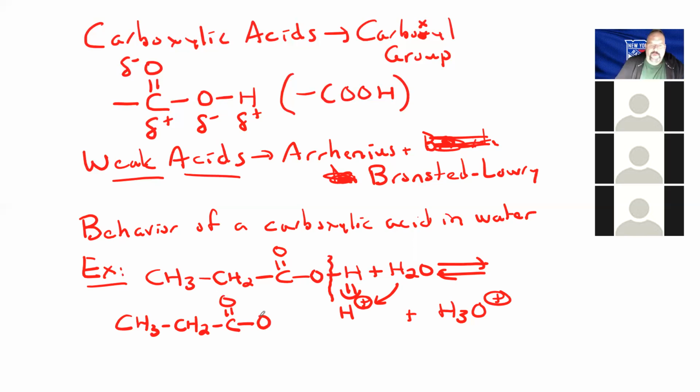And when oxygen essentially has one bond, it has a negative charge associated with it. The acid is becoming its conjugate base. It's neutral, and now it has a -1 charge, where specifically that negative charge is on the oxygen.